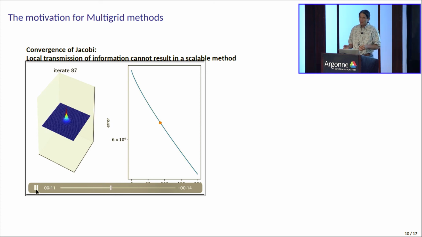The point we're trying to illustrate is that Jacobi can only transmit information locally to neighbors. As you take an iteration of Jacobi, you're transmitting information to nearest neighbors. So by itself, Jacobi and that family of smoothers can only transmit information locally, and as you grow the problem, that transmission takes longer and longer. So the idea of multigrid methods is to introduce something that will give you more global communication.